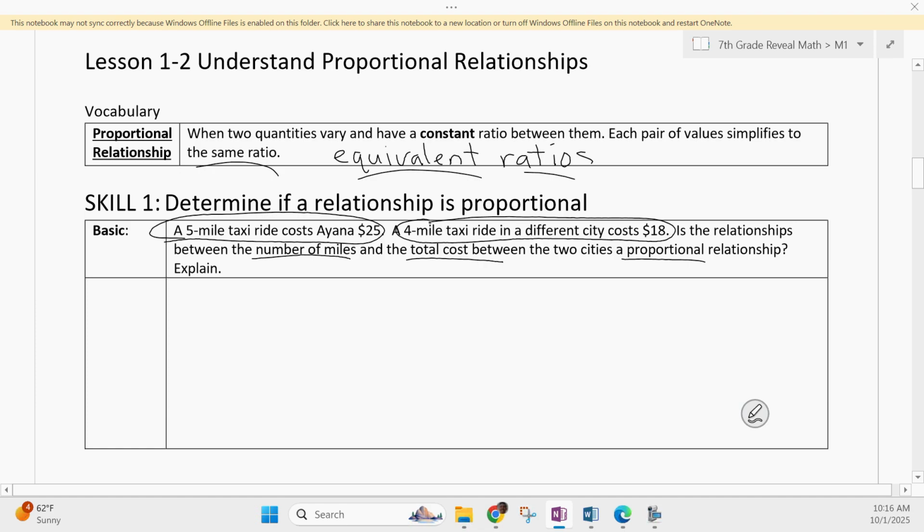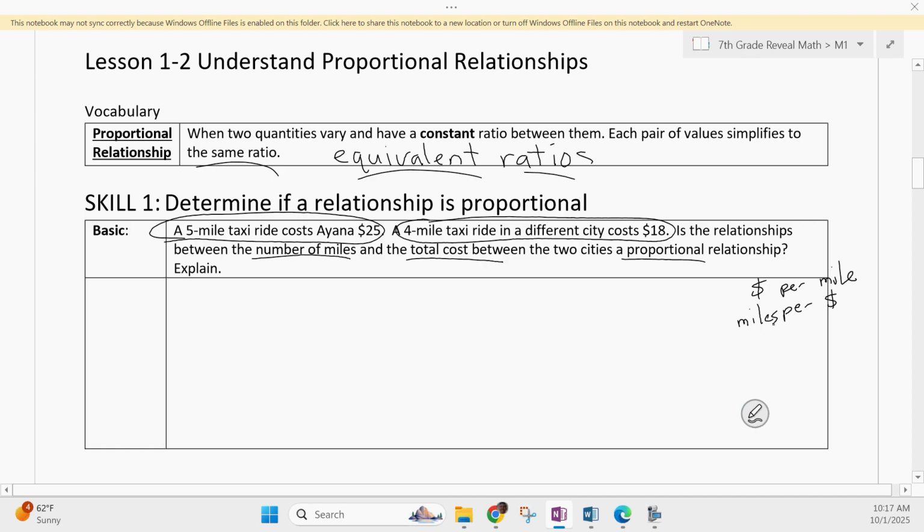Do you think we want to figure out how much dollars per mile, or do you think it's miles per dollar? Okay, just think it through. Just take a sec before you jump to one or the other. Just which one makes more sense? Like if you were getting a taxi, would you want to figure out how much money it costs per mile or miles for $1? Like which one makes sense? Which one would be more usable?